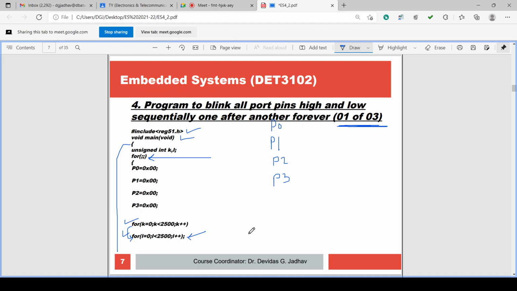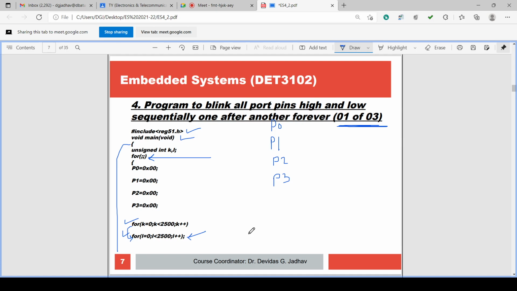That means whenever the for loop of k executes, it will execute the next instruction, that is the for loop for L. The for loop for L will be executed whenever there is an execution of the for loop for k.